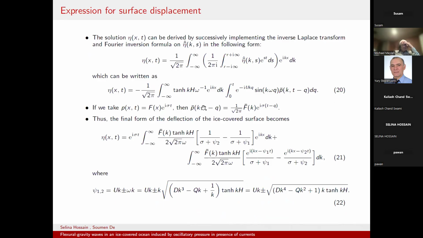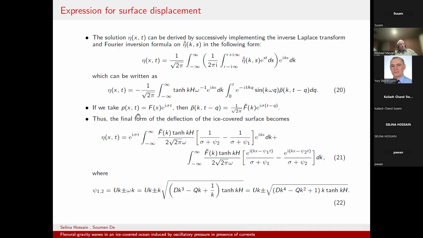The solution for eta x t can be derived by successively implementing the inverse Laplace and Fourier transform. Using the inverse Laplace and Fourier transform, we can obtain eta x t as given in equation 20. Here, p bar k, t minus q is the Laplace and Fourier transform of the externally imposed oscillatory surface pressure.